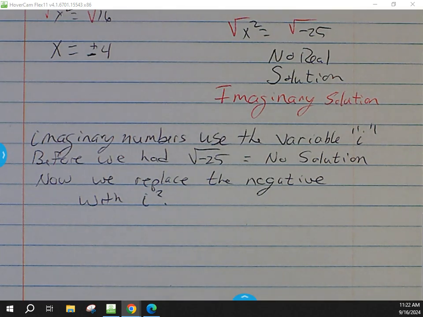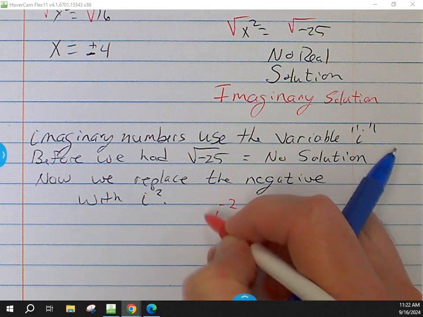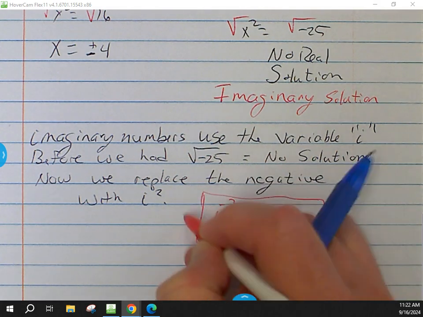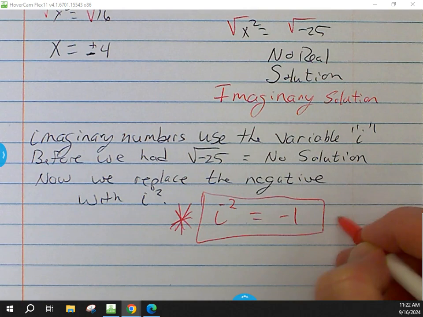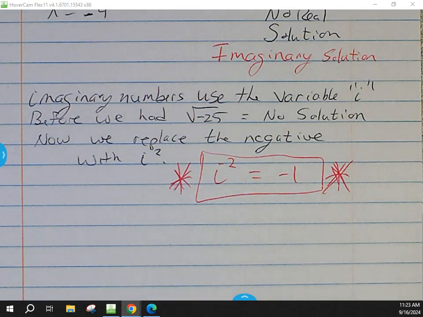Okay, and the one big thing today is that when we have a negative inside the square root, we're going to take the negative and replace it with i squared. Okay, so that's the big thing today that we're doing for all the parts we've had for this one.